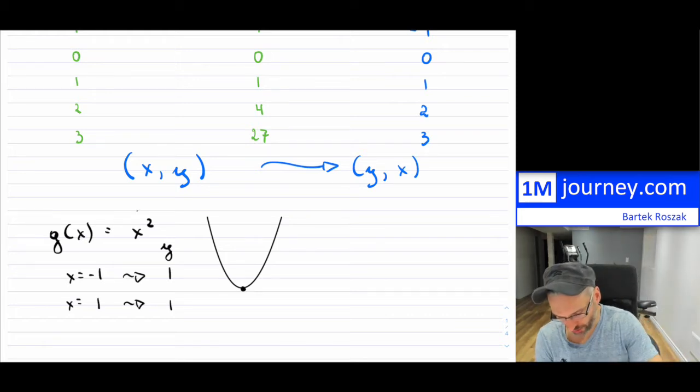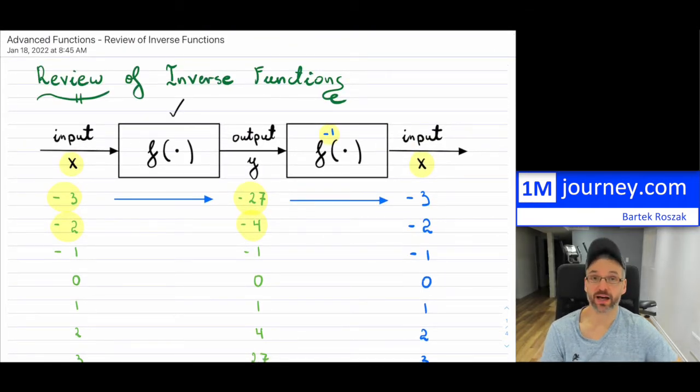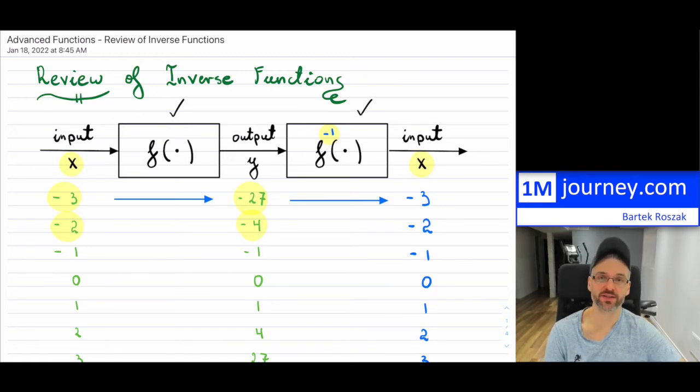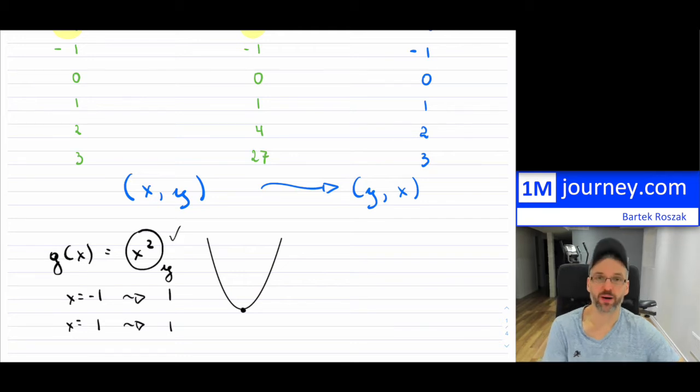So if we didn't know what this function was and all we were given is some black box, where -1 or 1 comes in and an output of 1 comes out, then we don't know how to create the inverse function to get our input back in. Because if the output is 1, then the inverse is, well, I don't know. Is it going to be -1 or is it going to be 1 as my input? We don't know unless we know a little bit more information. And this was an even function, and that's why we had a problem with that.